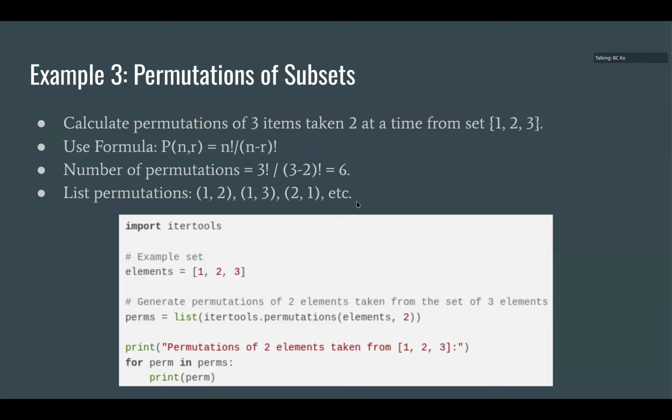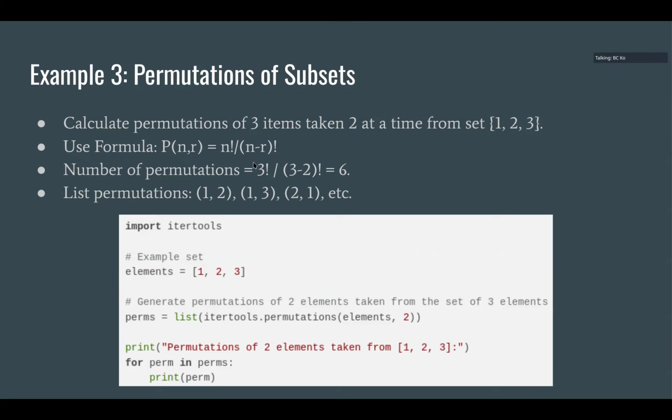Permutations of subsets. So let's take a look at permutations of subset. We want to calculate the permutations of 3 items taken 2 at a time from the set 1, 2, 3.